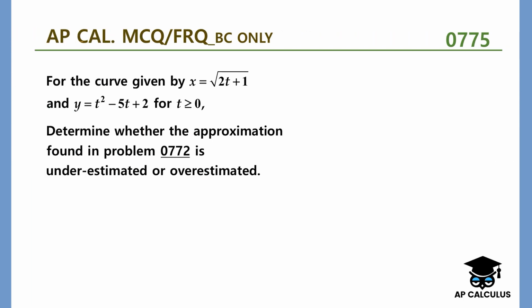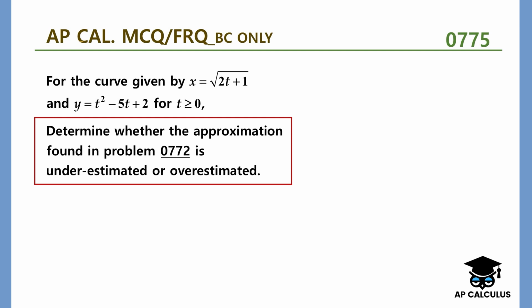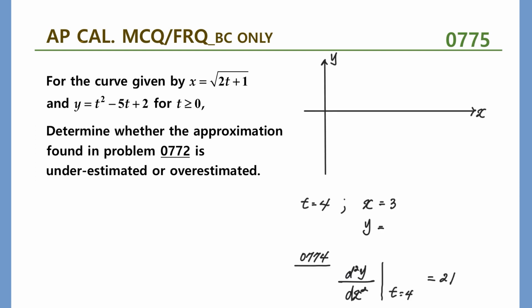Question 775. Determine whether the approximation found in problem 772 is an underestimate or overestimate. In question 772, we found the linear approximation at t equal to 4, right? When t is equal to 4, x was 3 and y was negative 2.